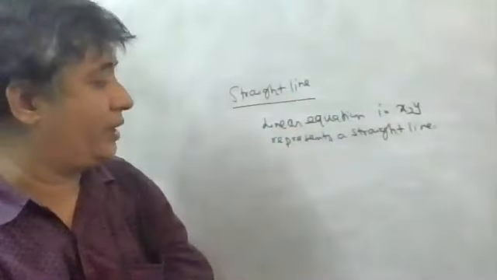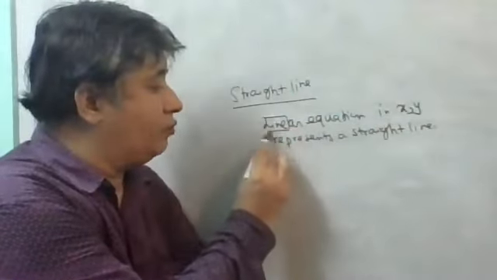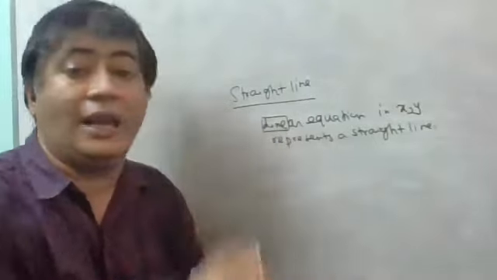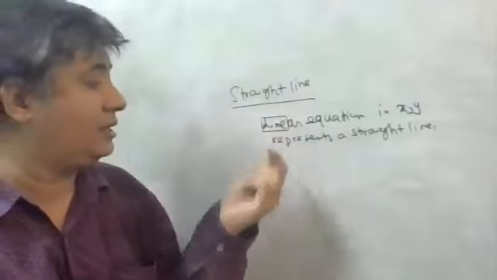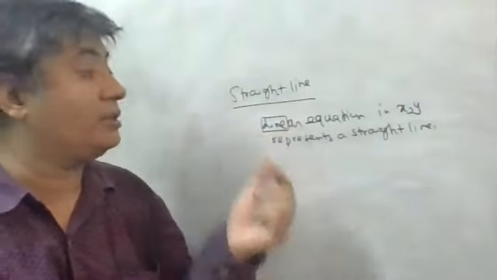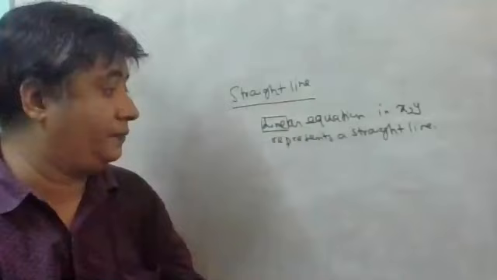See the first four letters, L-I-N-E, line. So linear means line. The nomenclature is considered because it represents a line.